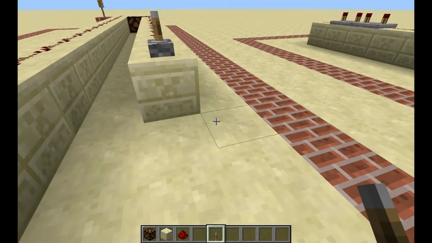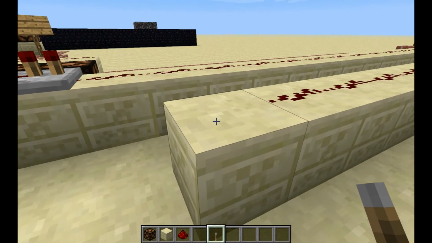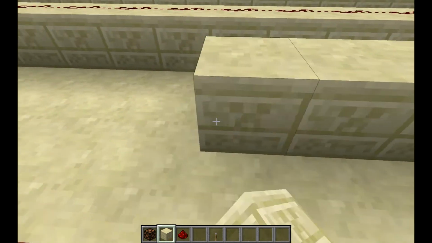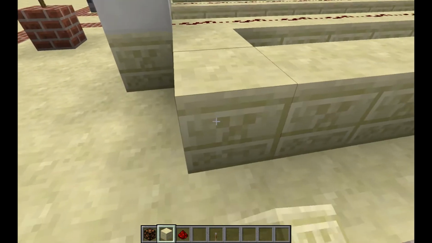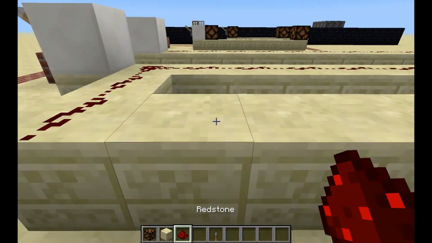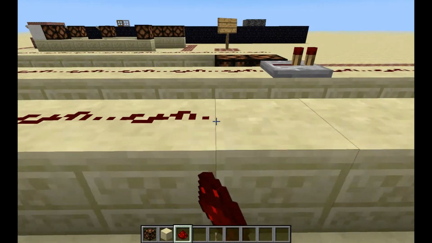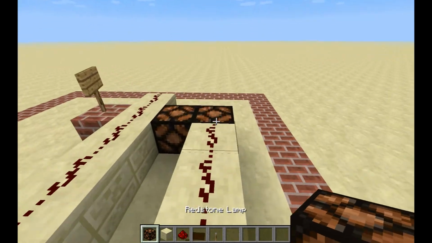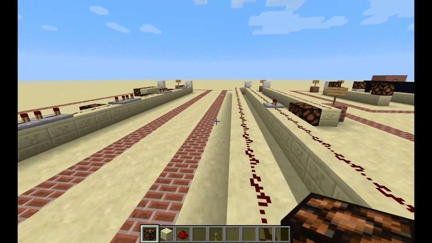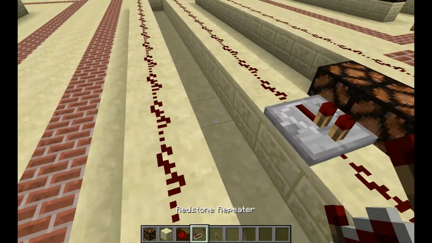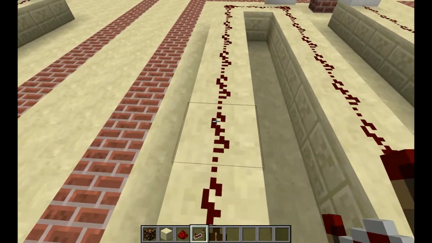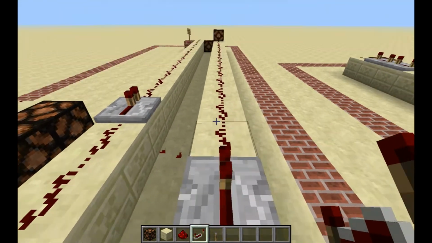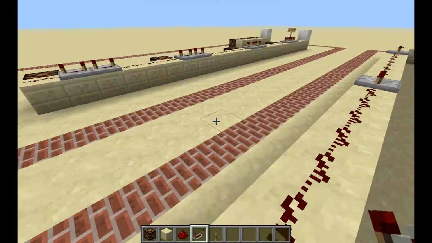Actually, let's do this slightly differently here. It may make a little bit more sense to everyone here. So let's go ahead and back this all the way up. And then we will run this all the way down to that block. Like so. And then let's say we introduce 1, 2, 3 ticks of delay.